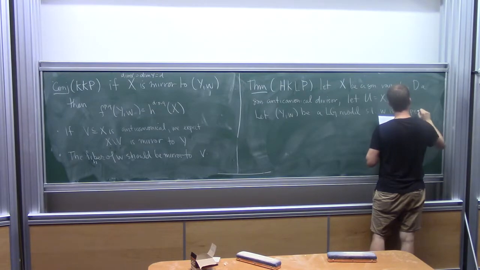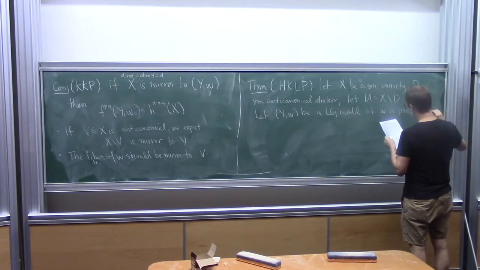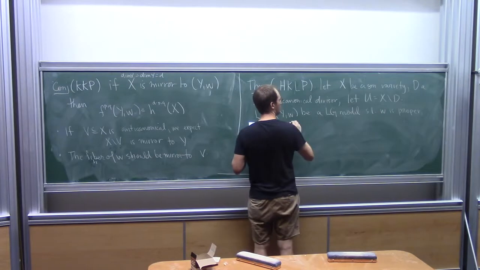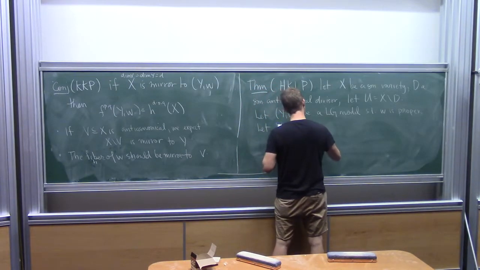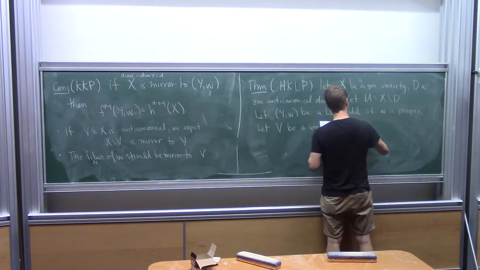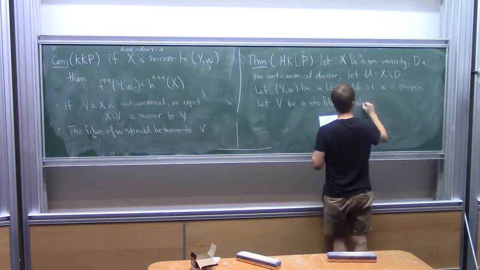So the fibers are compact and generally smooth. I'm assuming Y is smooth. And let V be a smooth fiber of W. Okay. And assume the following two things.